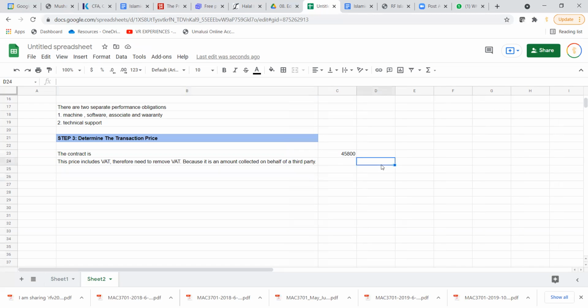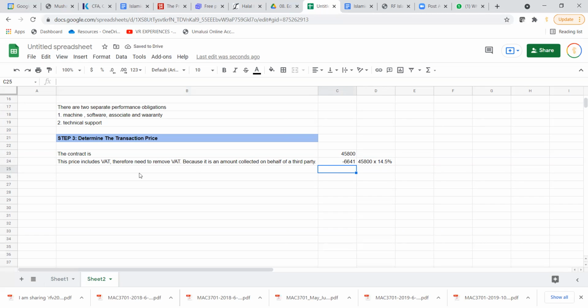Okay, so remember the way we're going to remove VAT, we want 100%. So we're going to say 45,800 multiplied by 14.5%. So this here is going to be equal negative 45,800 multiplied by 14.5%. Okay, so that's the VAT.